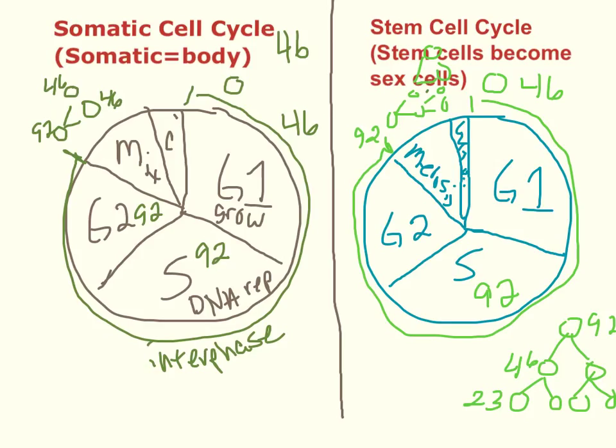Whereas stem cells becoming sperm is only happening in the testes, and it's a very unique process. And for females, it all happens inside the ovaries before girls are born. So that's completely different. It's not happening throughout the lifespan. So that's a huge difference between these 2 cell cycles.